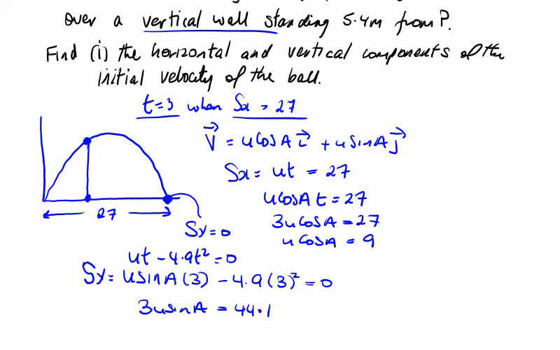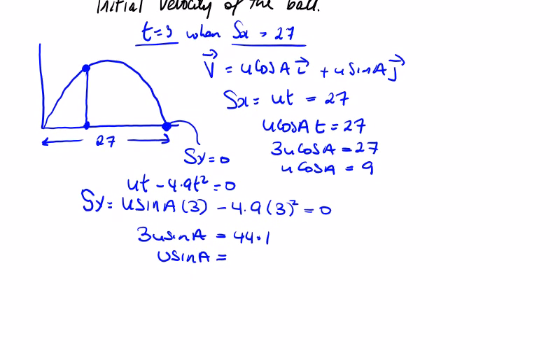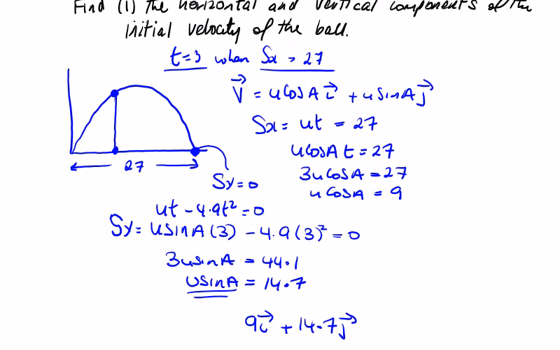And then we have u sin alpha is equal to 44.1 divided by 3, which is 14.7. So that's my vertical. So I have my u cos alpha 9 in the i direction plus 14.7 in the j direction.